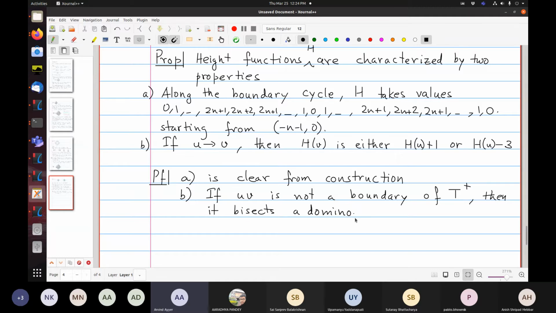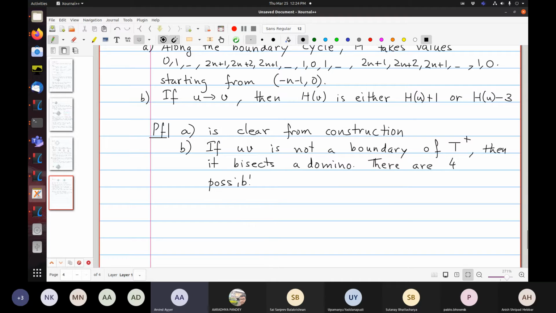Then there are 4 possible domino configurations, as I showed you, and one can check that B holds in each case.